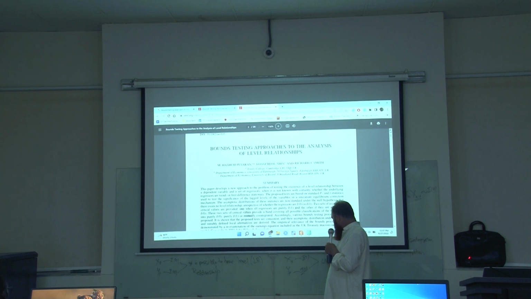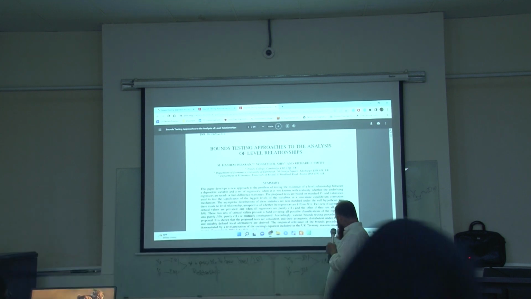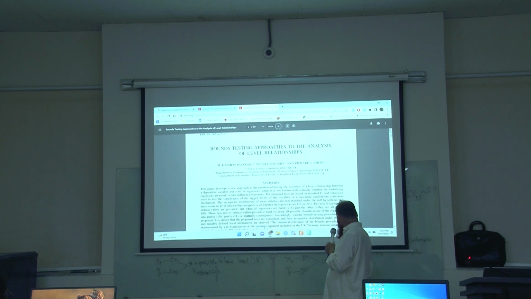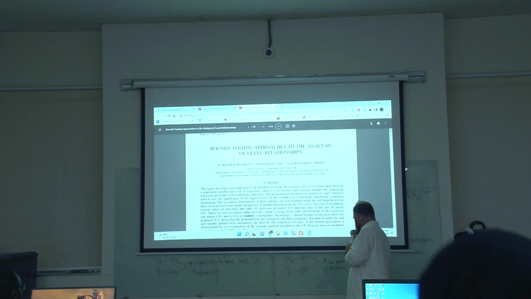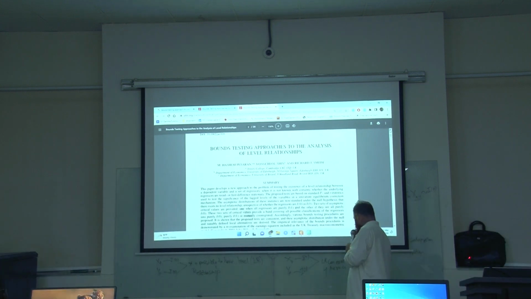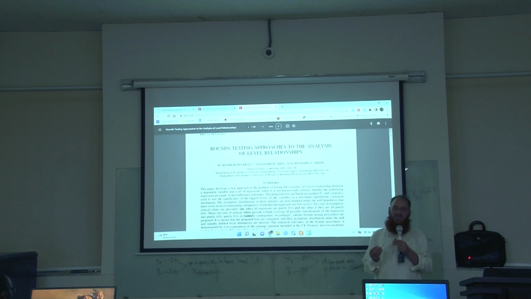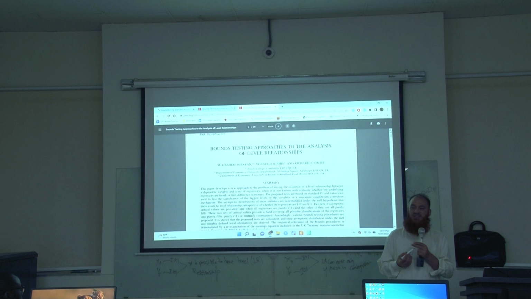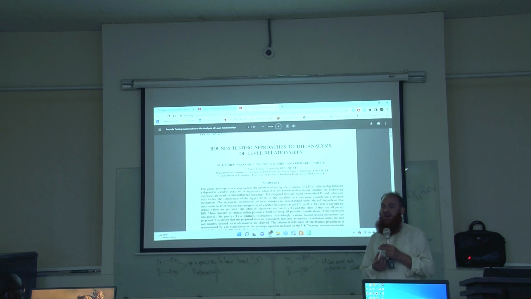Then a long-run relationship can exist only if there is cointegration as well. What is the meaning of cointegration? X is I1, Y is I1, and then there is a weighted sum of the two series which is I0.